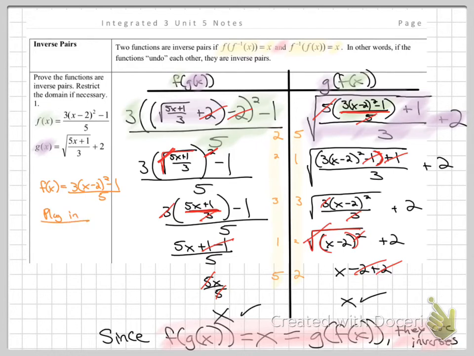As the x, it says x minus 2, so I would subtract 2. After that, I would square it. After that, I would multiply by 3. After that, I would minus 1. And then finally, I would divide by 5.